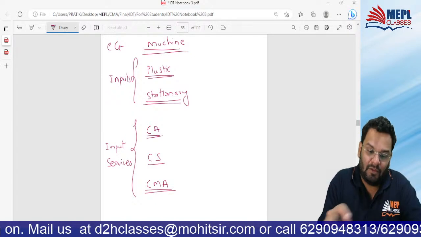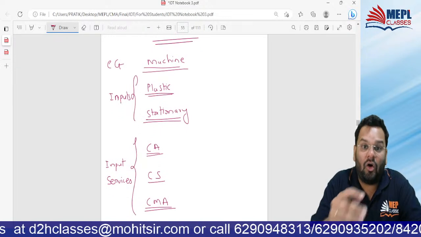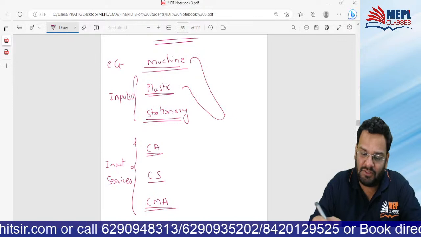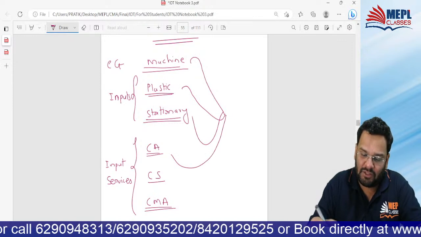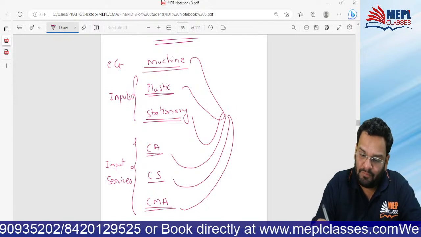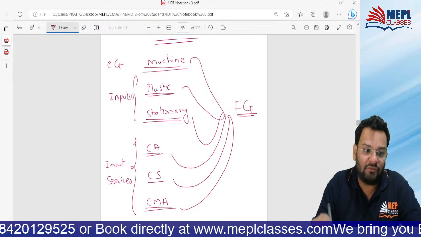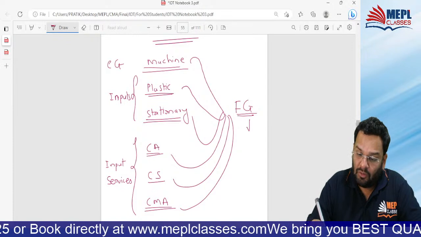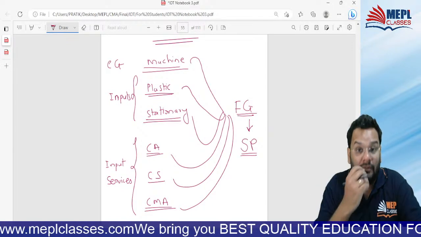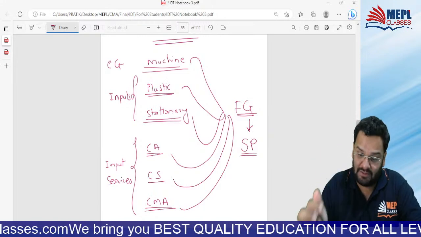Agreed? Now all these efforts are being taken for manufacturing finished goods. Yes or no? With all these efforts, you will manufacture finished goods. These finished goods will have a selling price.